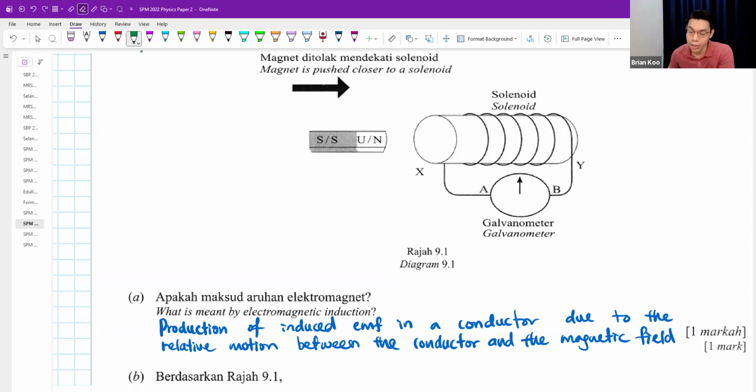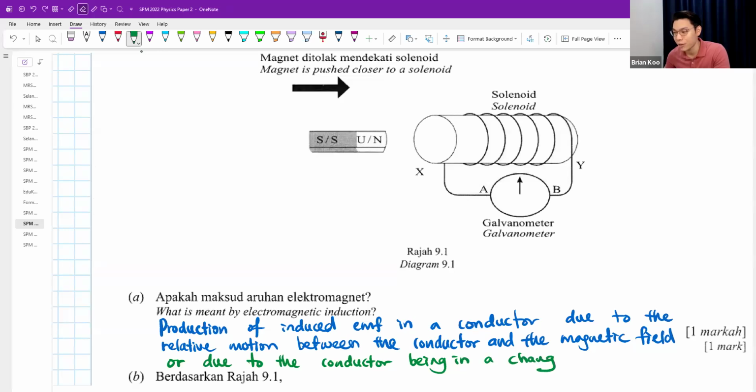There's an or behind in the textbook, or due to the conductor being in a changing magnetic field. So this one is pretty long.